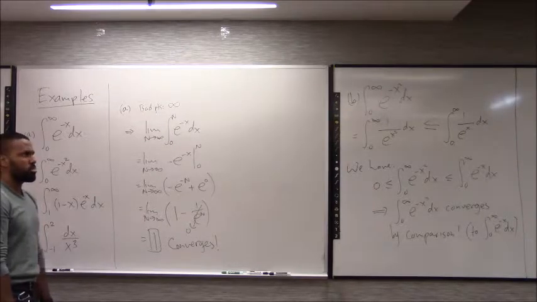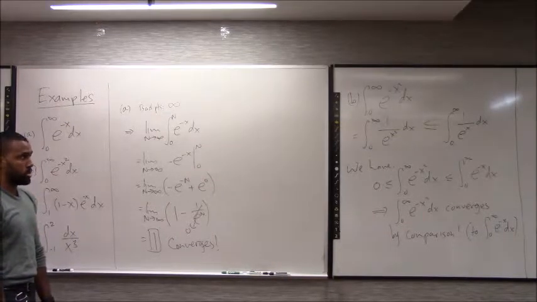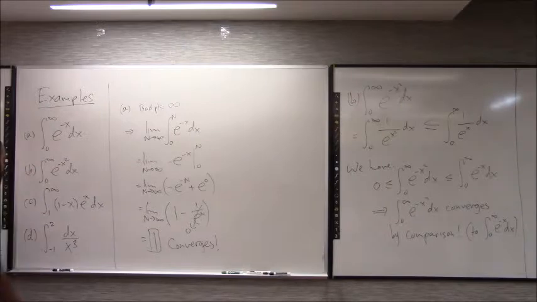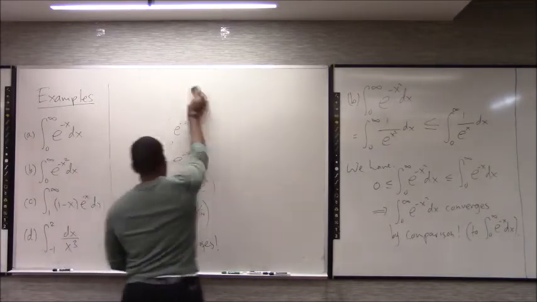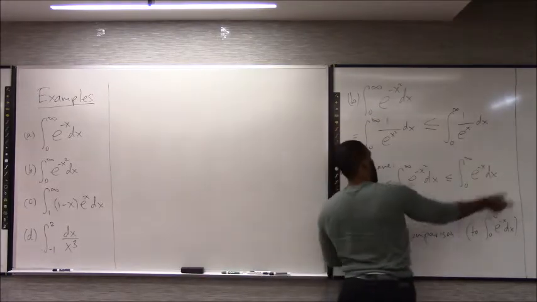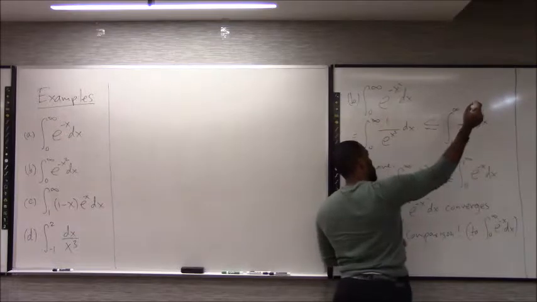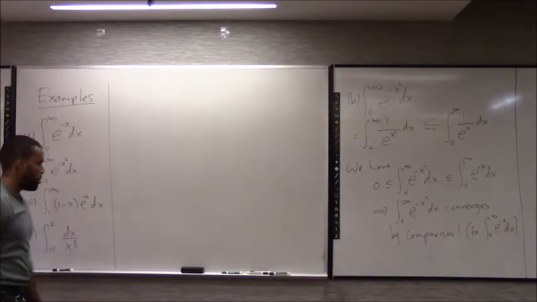I believe it's going to be like radical pi over 2 or something like that. Maybe I'll show you guys how you get that. I'll need to explain a few Calc 3 concepts for you to know how to do that though. But yeah, we can't do it directly, but we can compare it to something, and we just have to be aware of how to make these comparisons. You can get a larger fraction by either having a larger numerator or a smaller denominator. So things like that you should keep in mind.